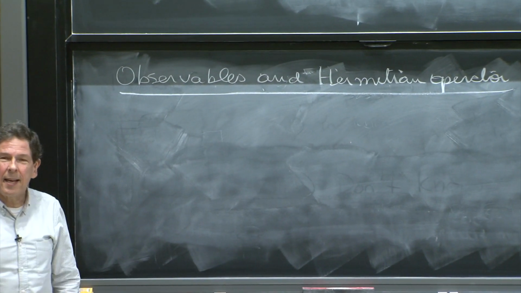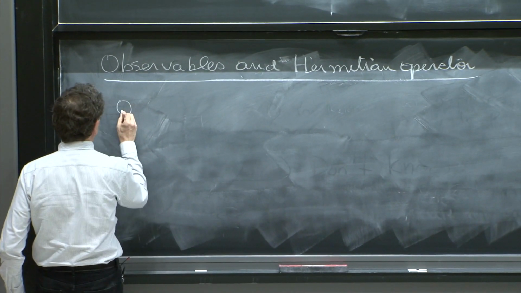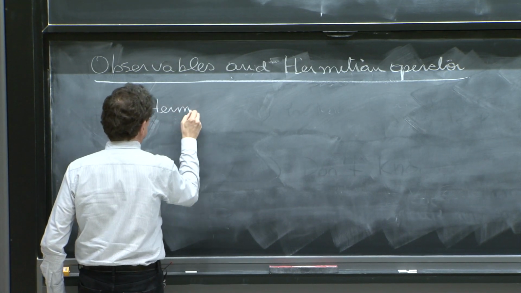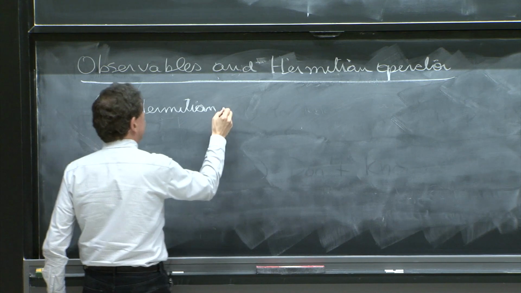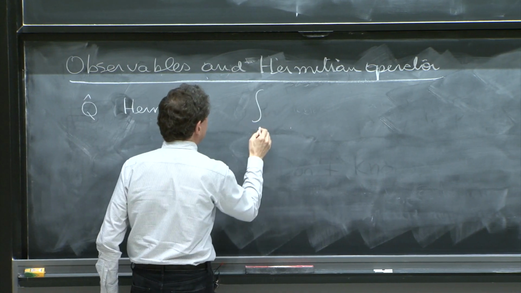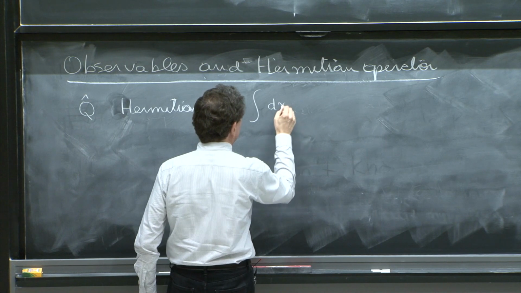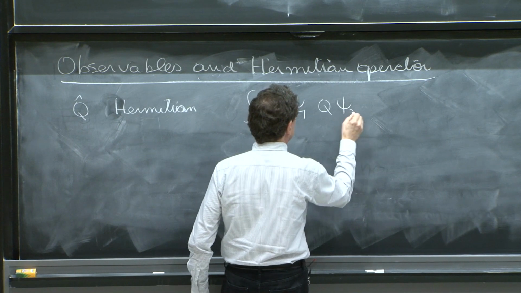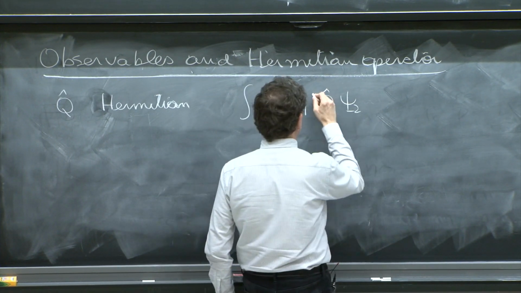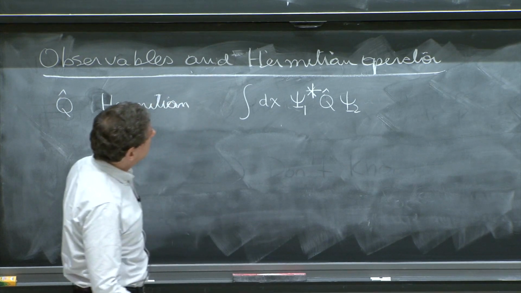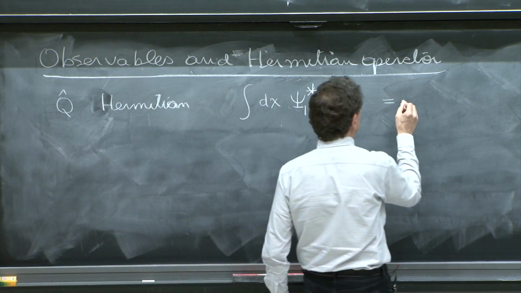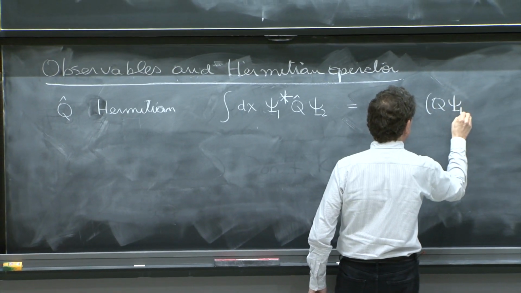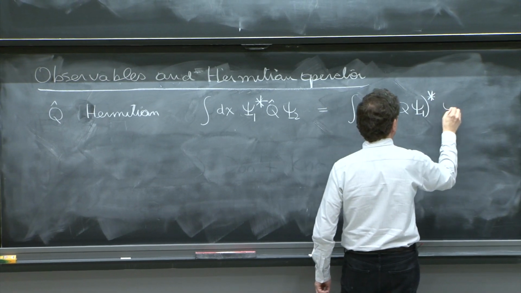So we've said that an operator Q is Hermitian, in the language that we've been working with so far, if you find that the integral dx of psi 1 star Q psi 2 is equal to the integral dx of Q acting this time on psi 1, all star, psi 2.